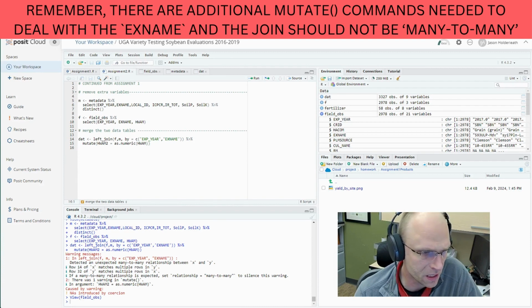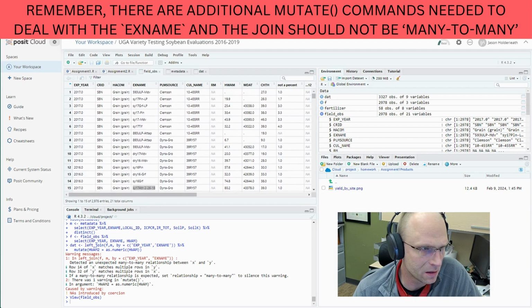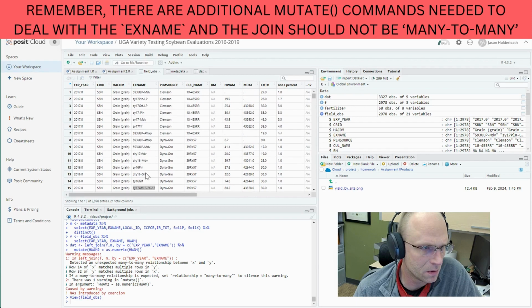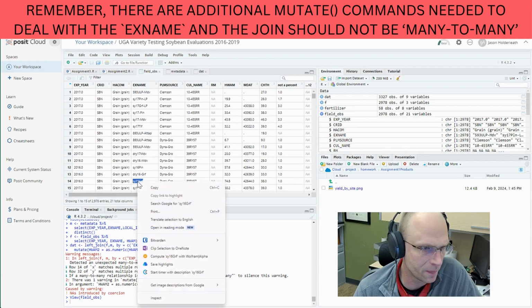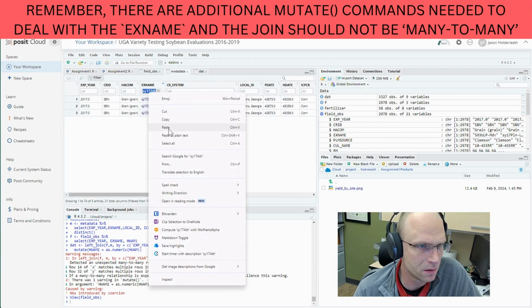So row 14 matches multiple rows in Y. That's a problem, because that means there is more than one of the metadata experiments that we're looking at, and we can narrow that down. That's not row 14. This is row 14. Copy metadata. Paste.